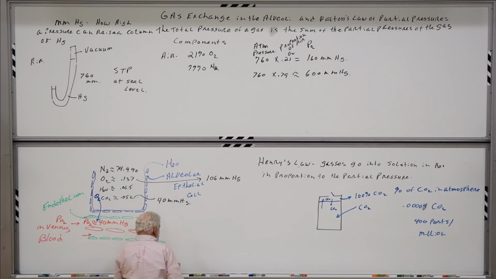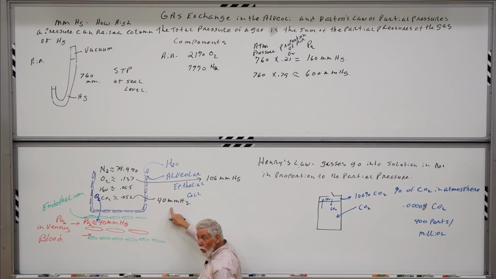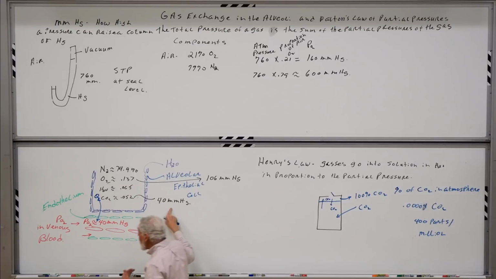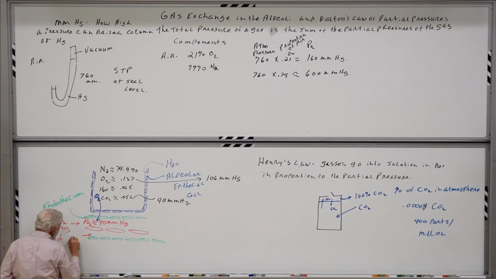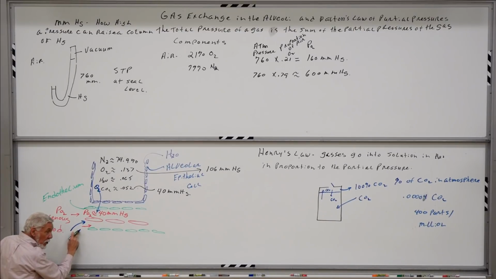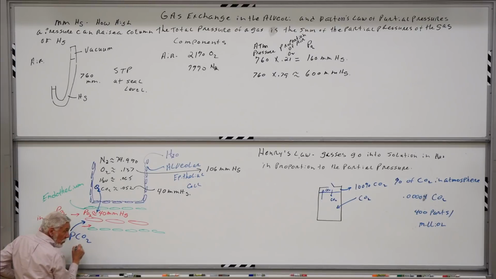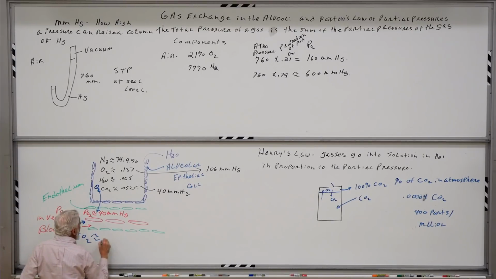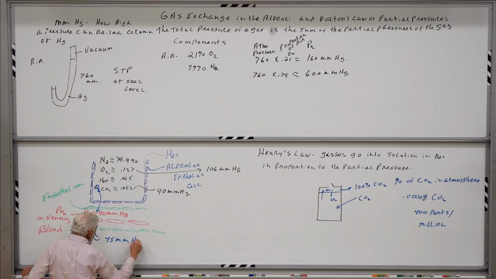The numbers for carbon dioxide here, the PCO2 for carbon dioxide, tells us we're in the neighborhood of 40 millimeters of mercury. If we take those same measurements down here in the venous blood, the blood returning from the systemic vasculature, we find the PCO2 levels are in the neighborhood of about 45 millimeters of mercury.